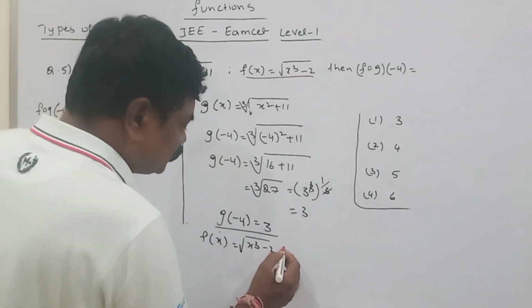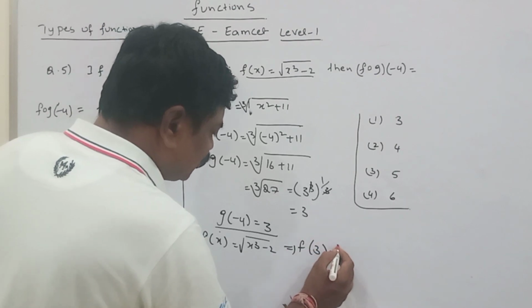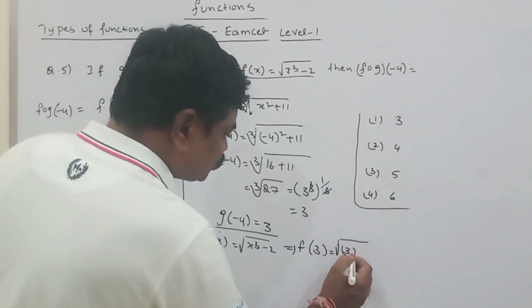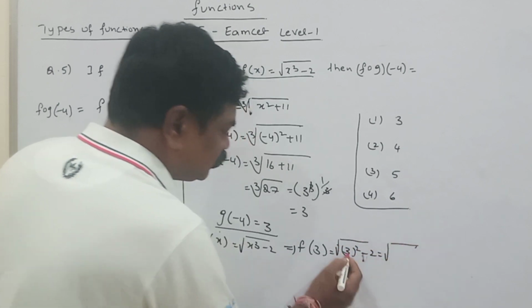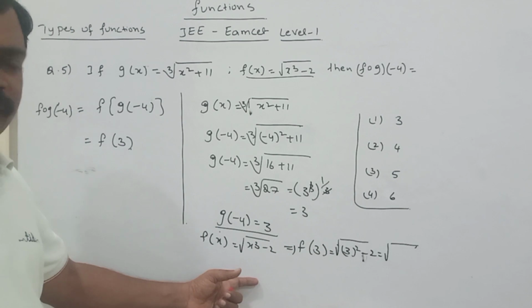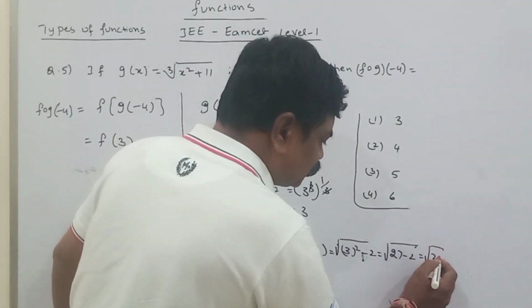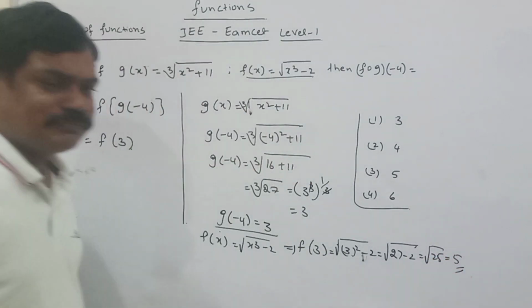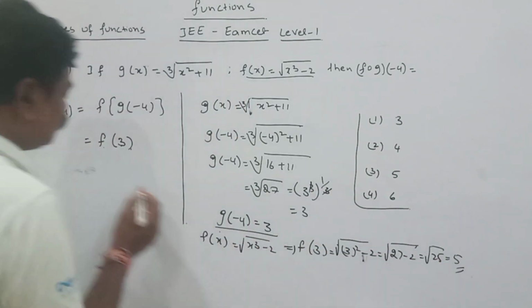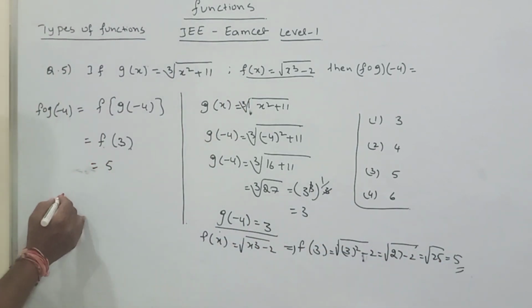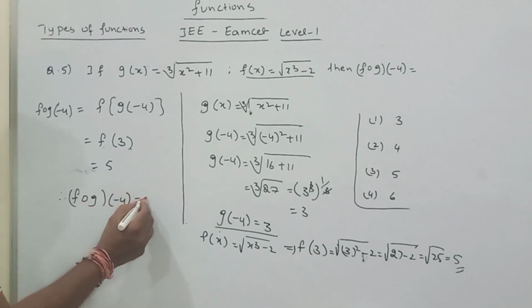This implies f of 3 is equal to root over 3 cube minus 2, which is root over 27 minus 2, which is root 25, which is 5. So f of 3 is equal to 5. Therefore, f circle g of minus 4 is equal to 5.